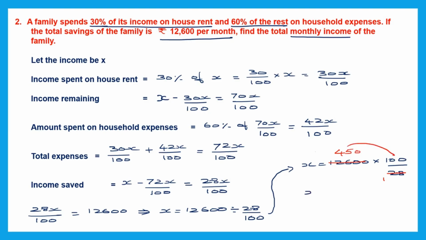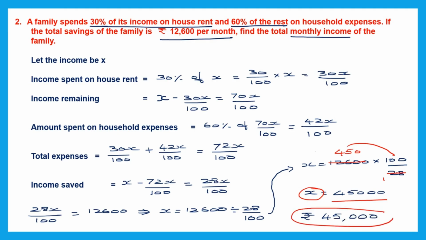So x is equal to 450 into 1. You can write first 450 and then add the two zeros. So what do you have here? You have 45,000. And what is x? x is the income. Right at the beginning we said let the income be x. And we have found the income, and that is rupees 45,000. So we can write that rupees 45,000 is the income. So this is our final answer.